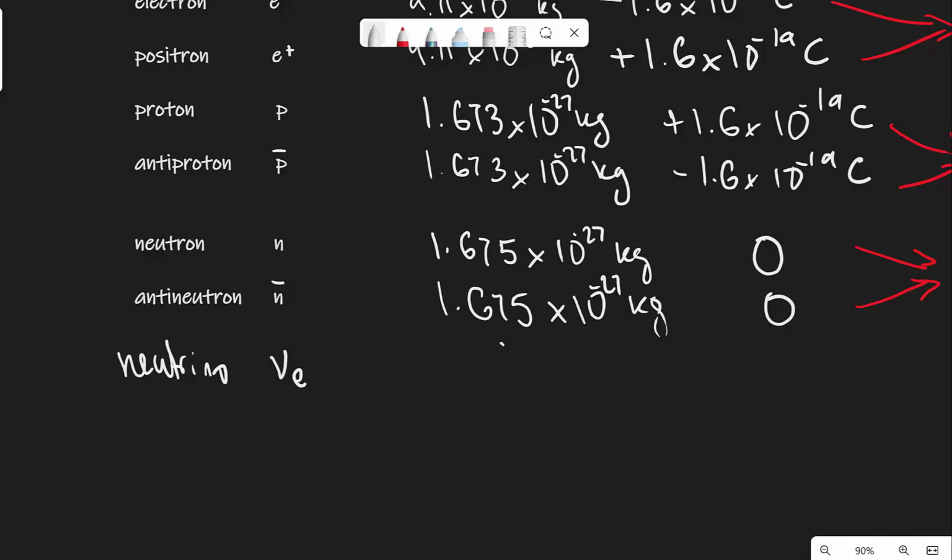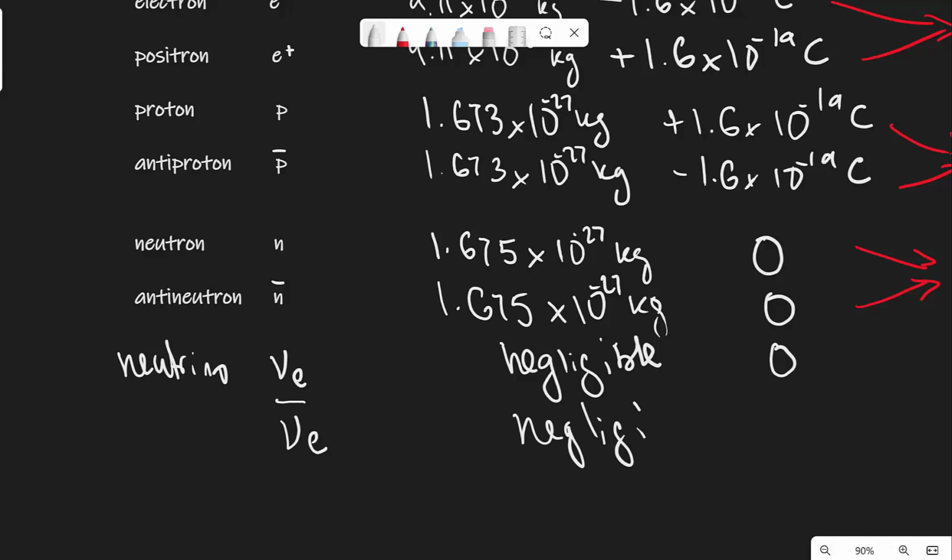Loads of textbooks write 0, so we can just say that the mass is basically negligible. So we'll just write negligible. And it does have a charge of 0 though. Now the symbol for the antineutrino is such, and it has exactly the same properties. So it has negligible mass and it has a charge of 0.